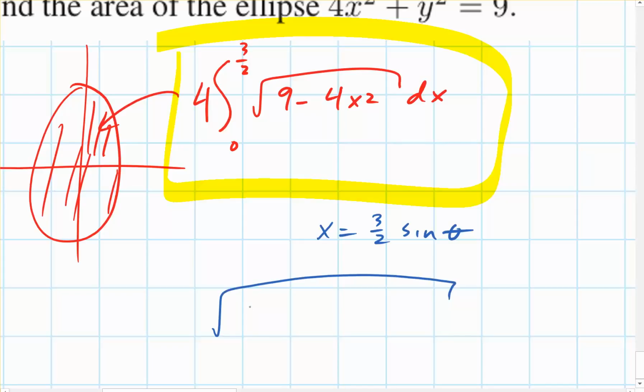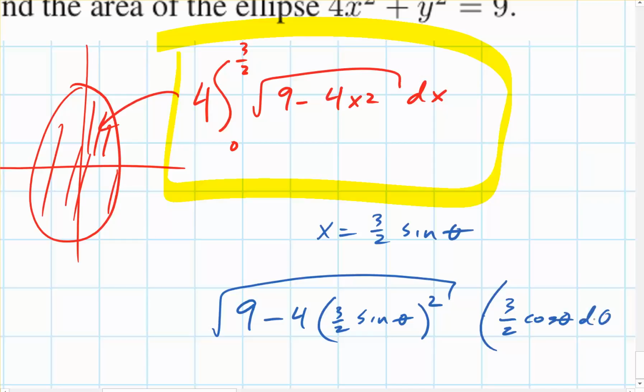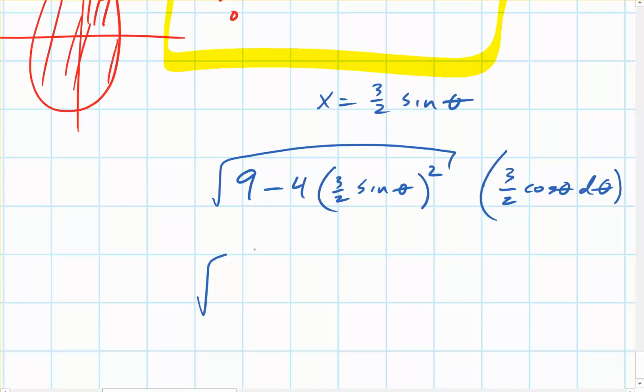If you do that substitution, you end up with 9 minus 4 times 3 over 2 sine theta. Let's see what happens. So you had this right here, and it's squared. And instead of dx, what would you have? 3 over 2. Exactly. Okay. Let's see what happens here. If you do this out, what do you end up with?